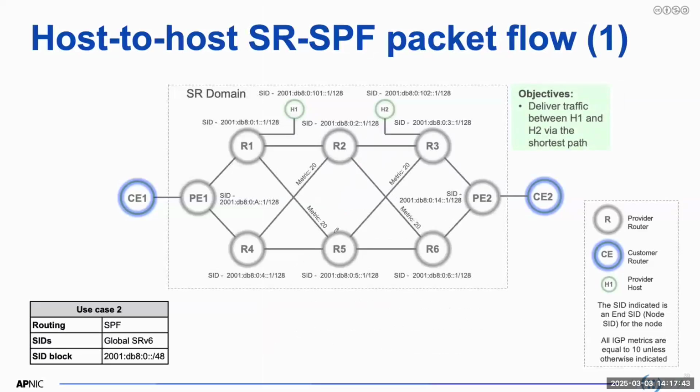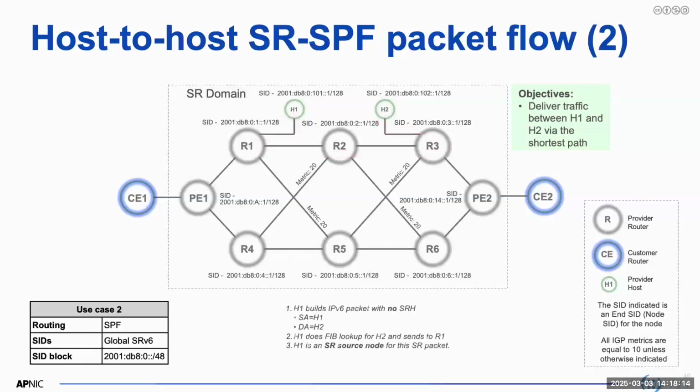So in this case, our objective is to deliver traffic between H1 and H2 via the shortest path. What is the shortest path here? Based on the metrics, you can see we have the default metric, which is 10, and on other interfaces we have a metric of 20. So it will go over the shortest path and reach H2 using R1, R2 and R3.